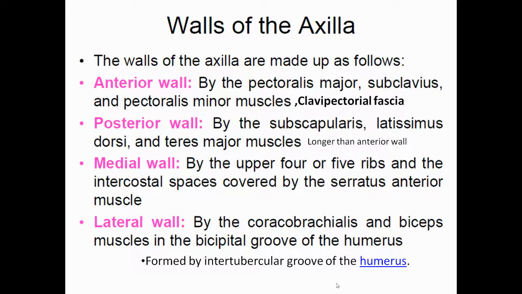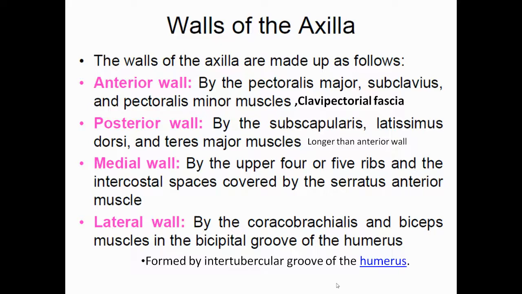The walls of the axilla are made up as follows. The anterior wall is made by the pectoralis major, subclavius, and pectoralis minor muscles, and the clavipectoral fascia. The posterior wall is made by the subscapularis, latissimus dorsi and teres major muscles, and it is longer than the anterior wall.